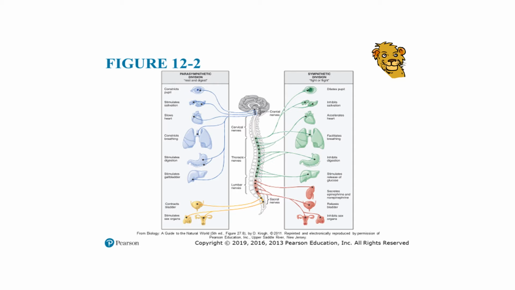Whether it's the eye, the heart, the lung, whatever, it's acetylcholine. And when we talk about the sympathetic system, it's typically norepinephrine. Sometimes it can be epinephrine. They're very, very similar, and they have very, very similar receptors as well.